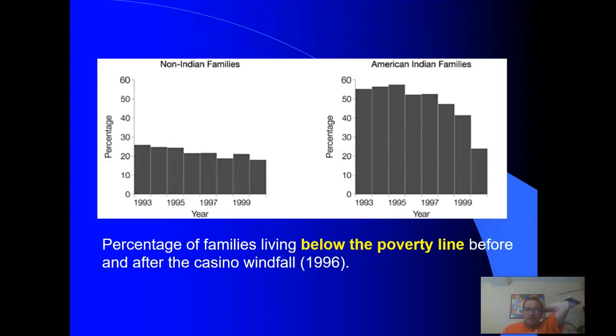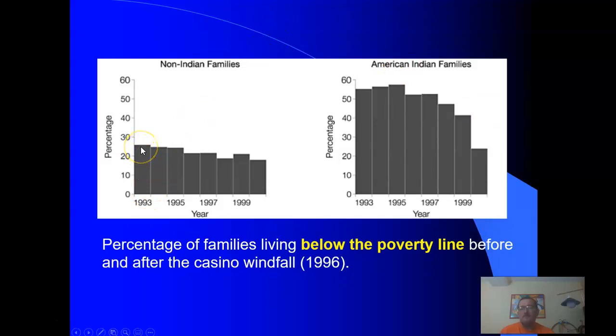This is the percentage of families living below the poverty line, both before and after the casino windfall in 1996. So if you take the black and white kids and average them together, you can see that a little bit more than 20% of kids, the black and white kids, were poor. So if you look over here, I think you can see my pointer.